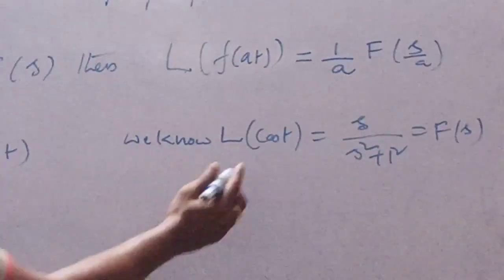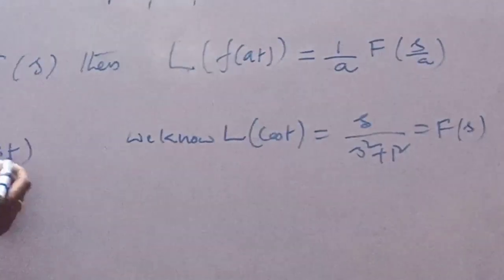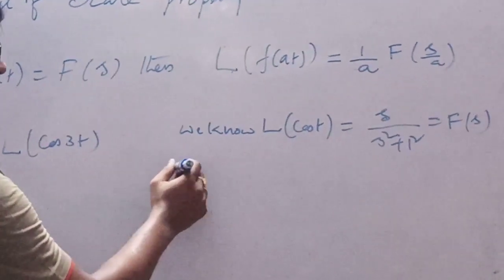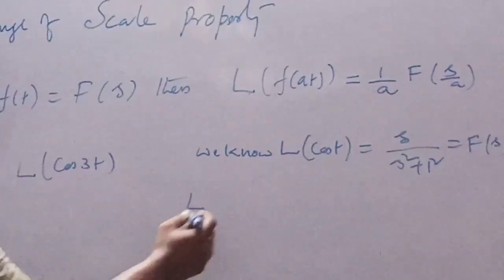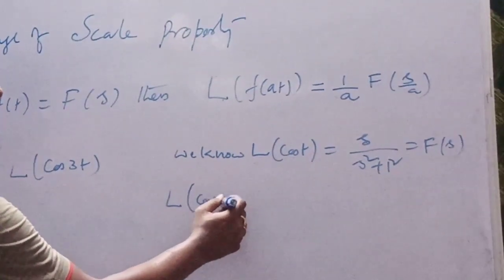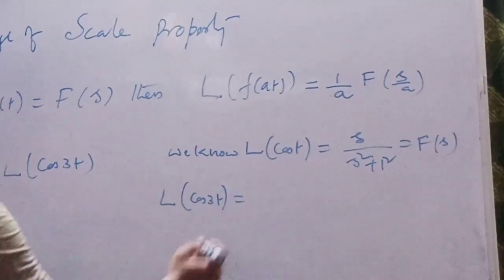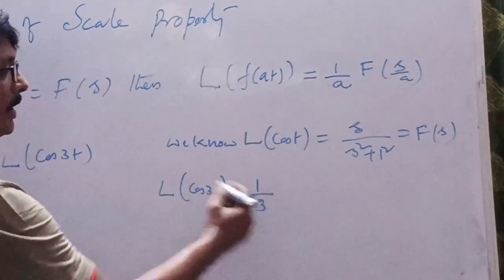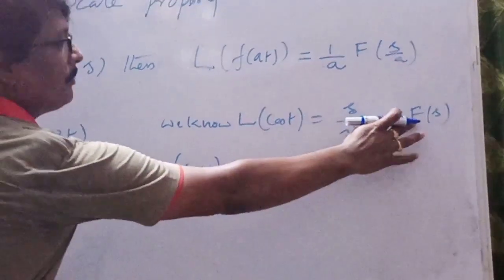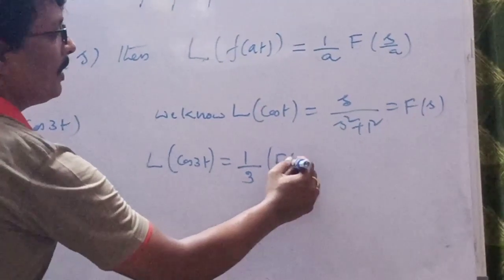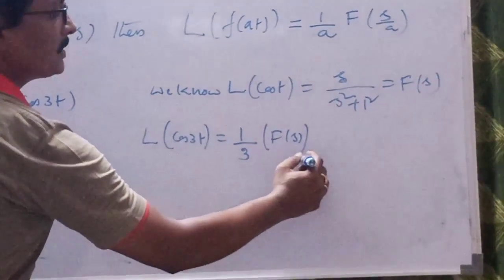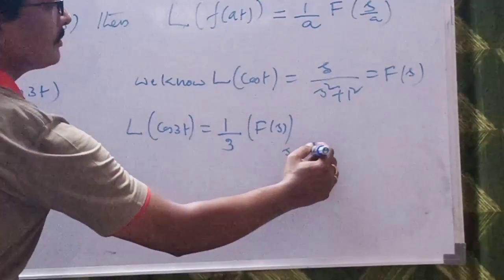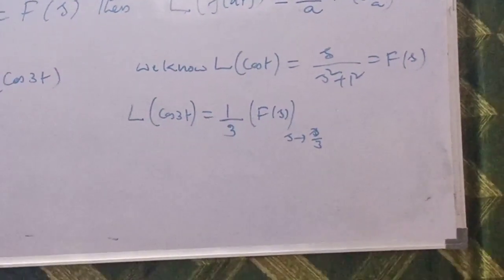Here the multiplication is 3t, so by the change of scale property, the Laplace transformation of cos 3t equals 1 by a, that is 1 by 3, into F of s with s replaced by s by 3.